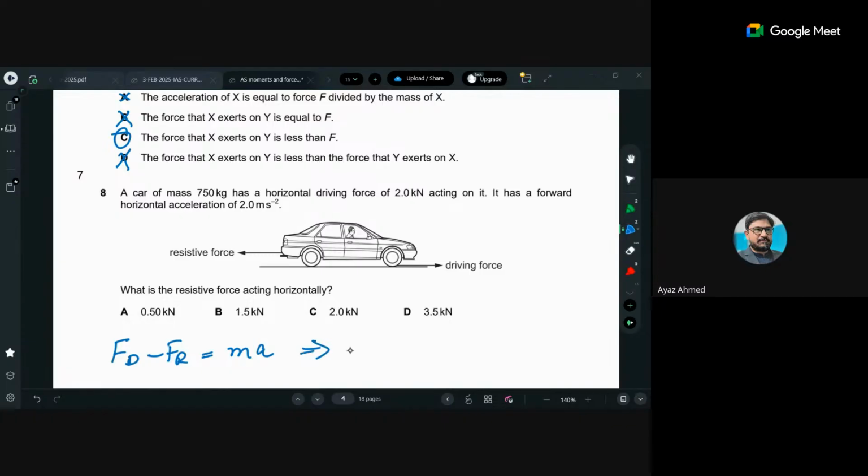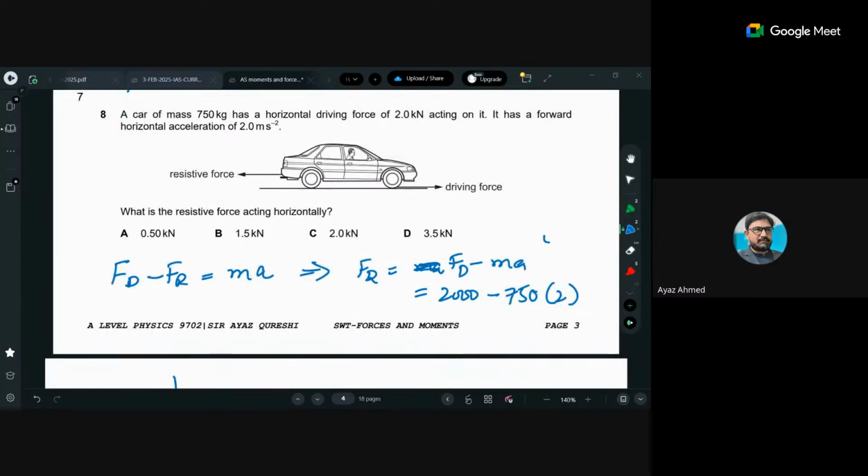So F resistive will be equal to F driving minus ma. Just plug in the values. F driving is 2 kilonewton, that is 2000, minus mass 750 times acceleration 2. So it would be 2000 minus 1500, which is 500. So 500 is basically 0.5 kilonewton. Is this clear?